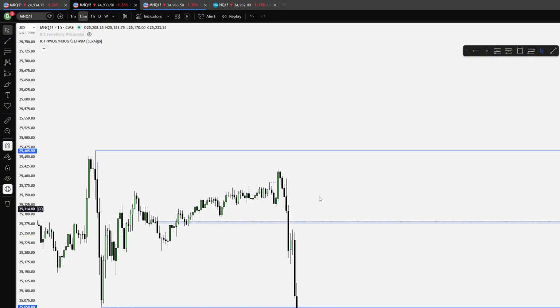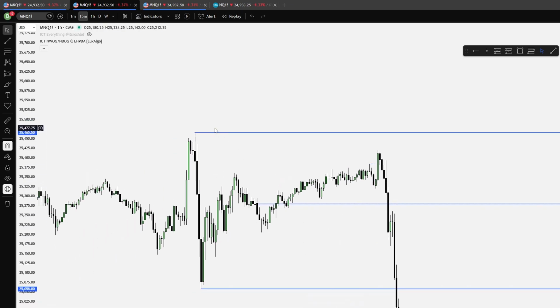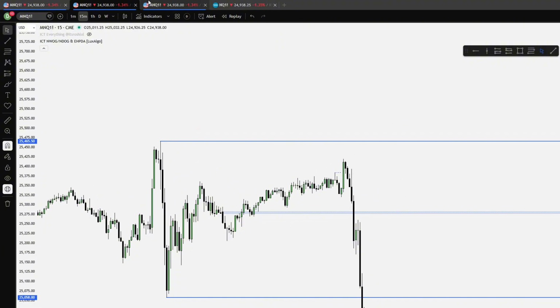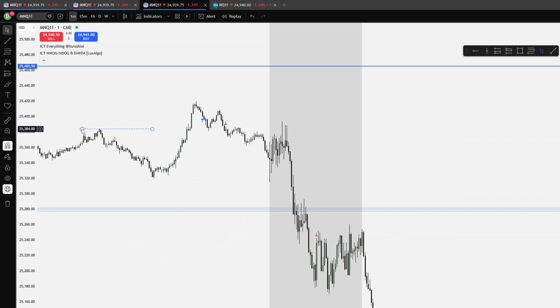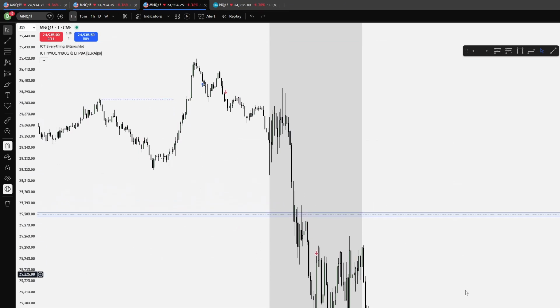This was my top bias and my short bias, and today it printed short. I'll just delineate this on the M1 now.